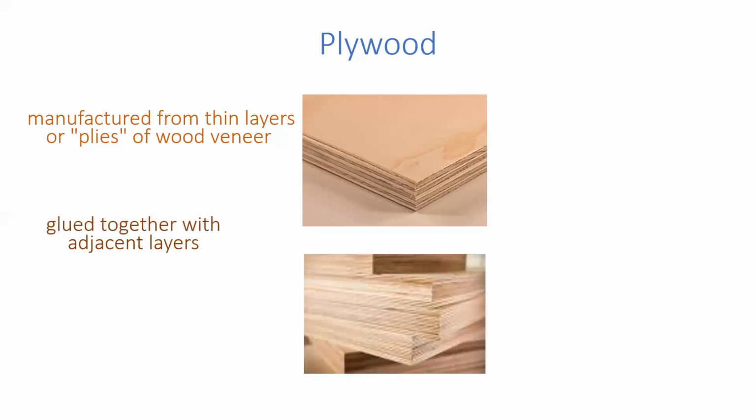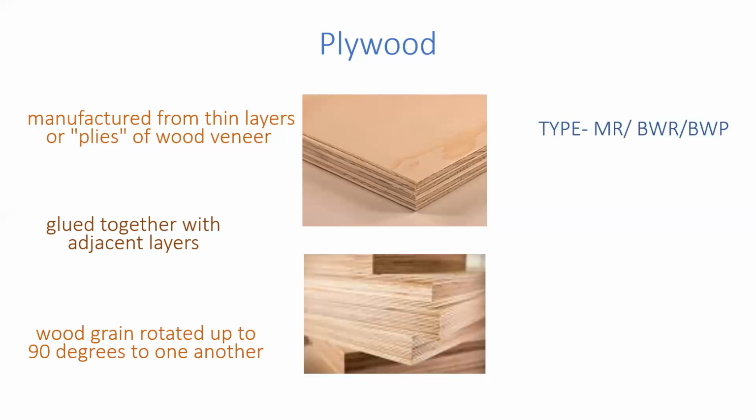There are three main types of plywood from the Indian perspective: MR, moisture resistant, which some people call commercial grade ply, and BWR, boiling water resistant, and BWP, boiling waterproof.